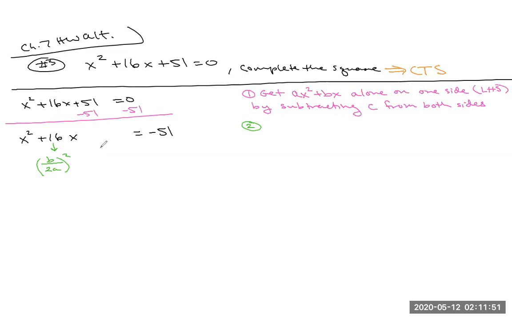And whatever that comes out to, I'm going to put right here. So let me actually do a few more extra steps here. I'm going to put a plus here and a marking underneath, and a plus here and a marking underneath.